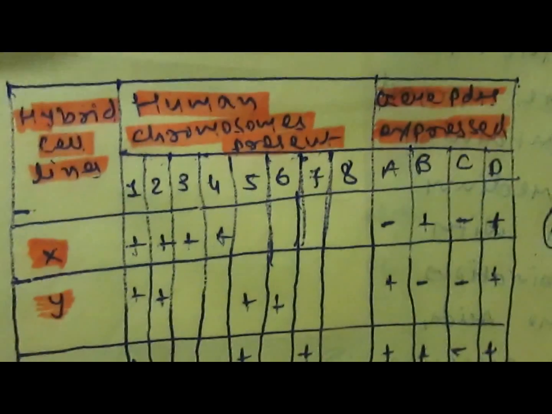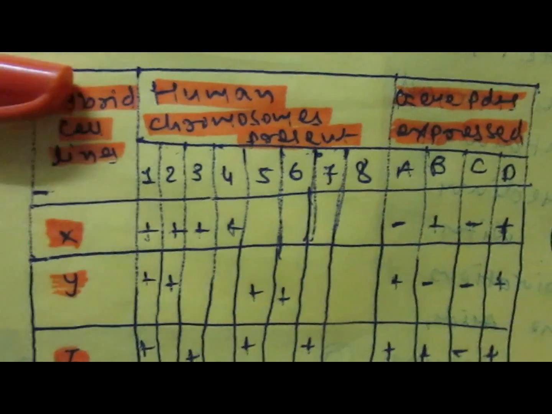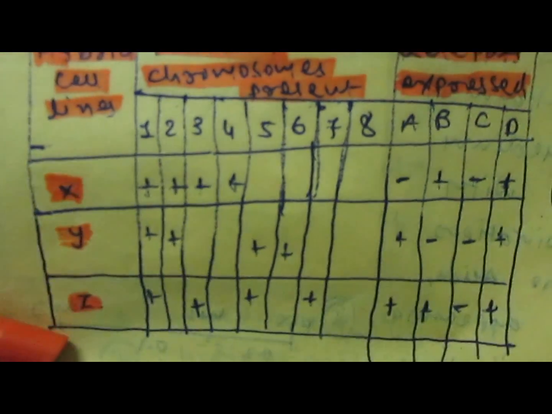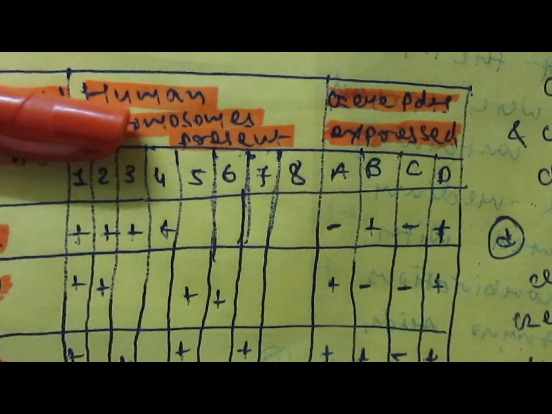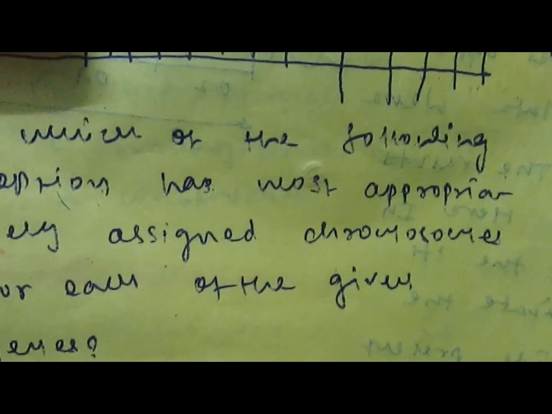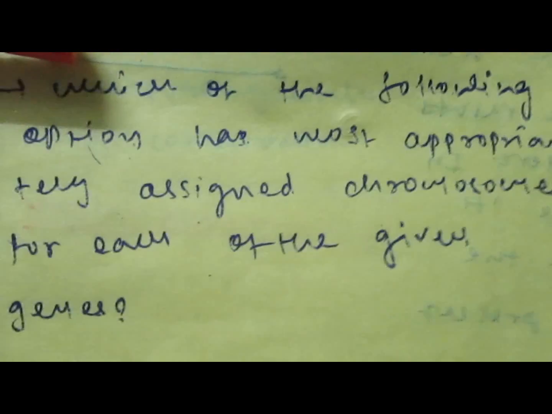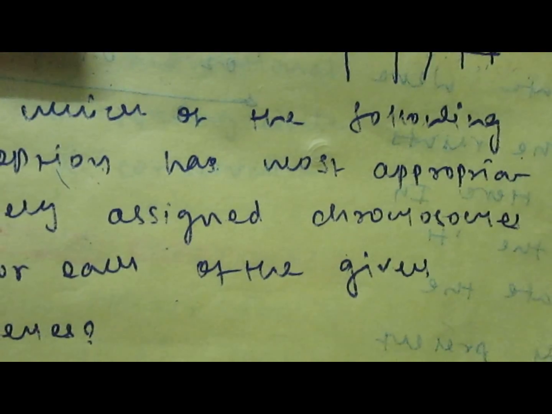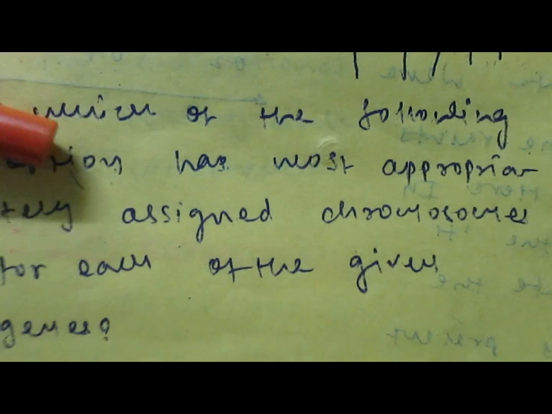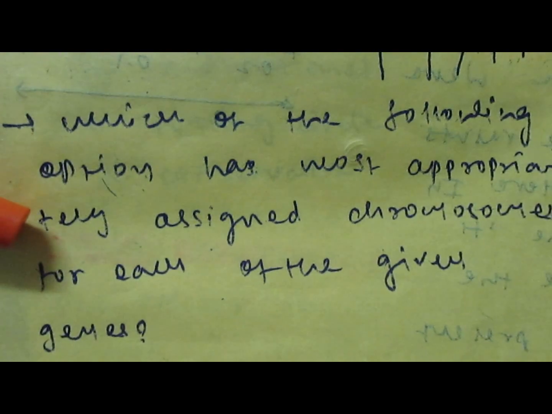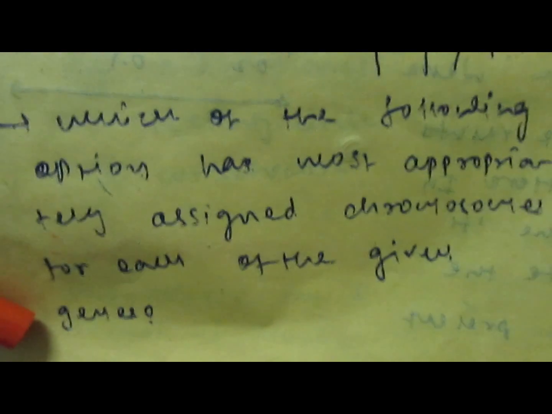This table shows cell lines X, Y, Z and their presence and absence of human chromosomes. Based on this information, we have to answer which option is correct, that is, the assigned chromosomes for each of the given genes.